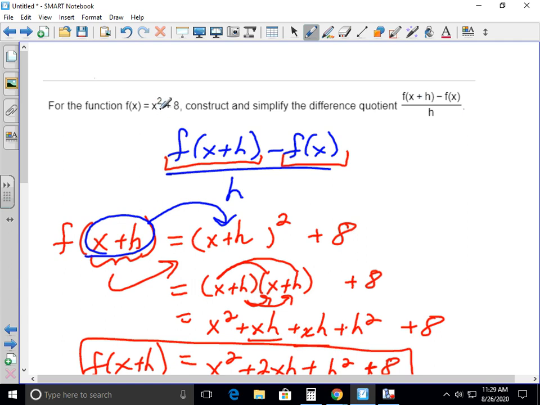If our function was 3x minus 7, there would be a specific difference quotient for it. This generic formula is the same. What changes is what f is. So this expression is the definition for a difference quotient. But since f can be different formulas, that's going to affect what goes here and what goes there.